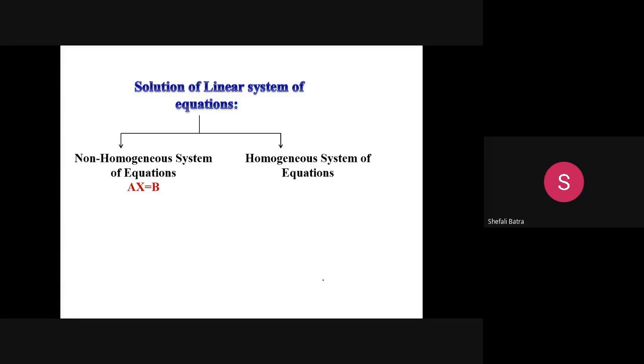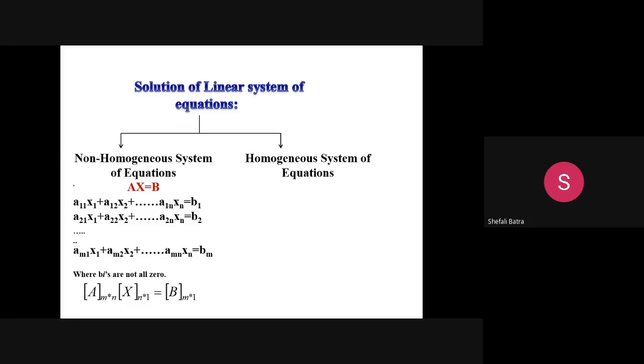If you are having equation of type a11x1 plus a12x2 and so on up to a1nxn is equal to b1, similarly you will be having m equations with n unknowns, and the right hand side of all equations are non-zero, then system is known as non-homogeneous system of linear equations.